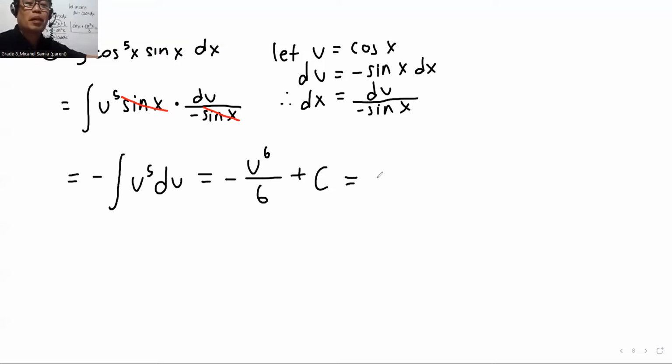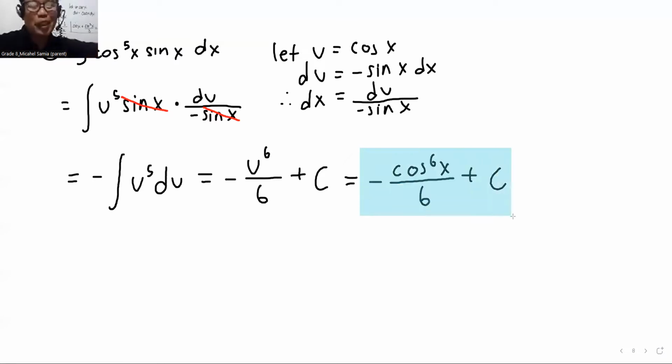Substituting cosine x as u, that is negative cosine to the 6 x over 6 plus c. Actually, this is quite simpler than the second problem since it already has the sine, which is the derivative of cosine. We did not need to convert cosine into sine. So this problem is quite simple.